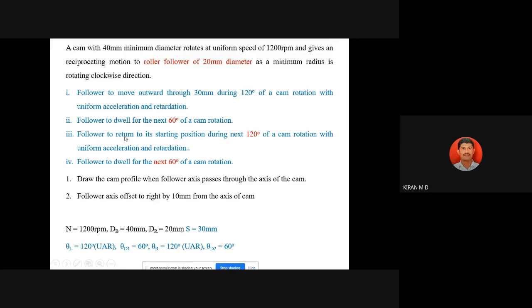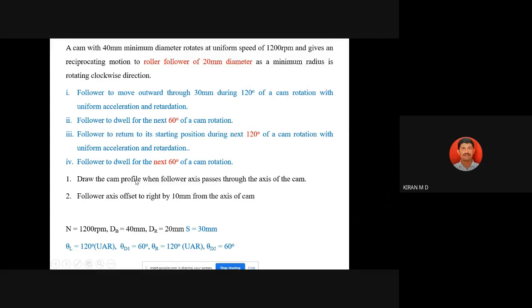When you draw the cam profile, we consider the base diameter of the cam, the diameter of the roller, and whether it passes through the same axis or is offset.